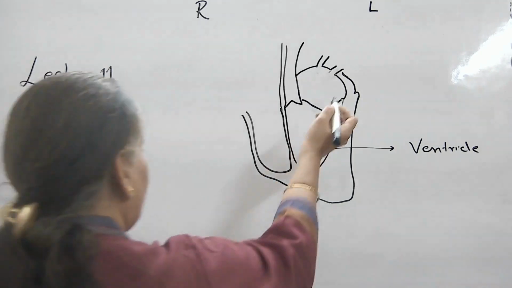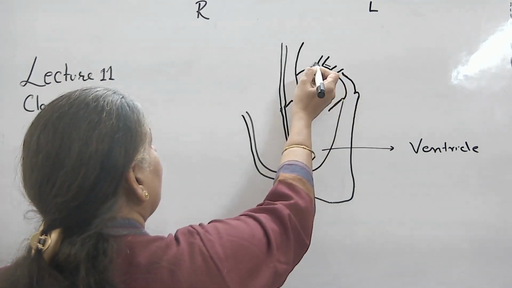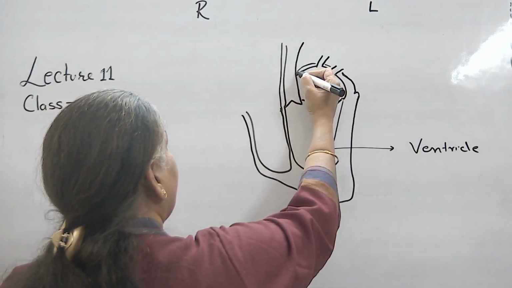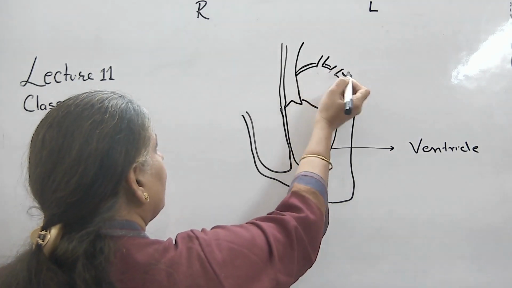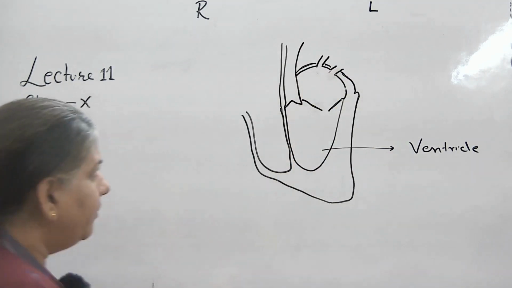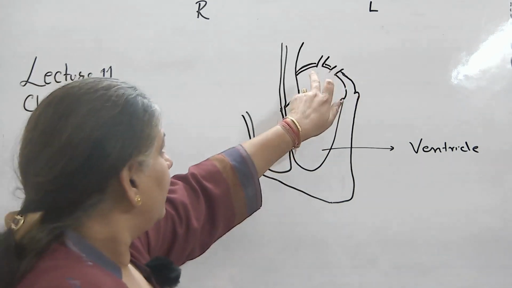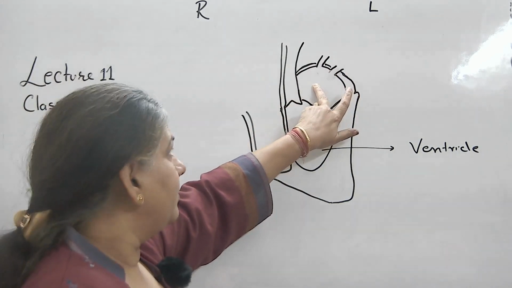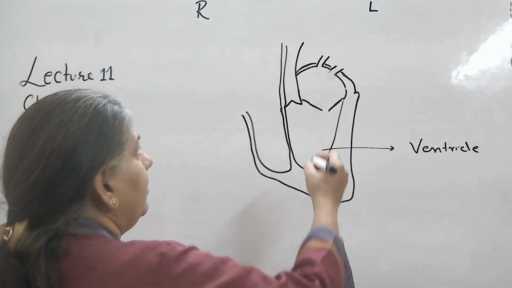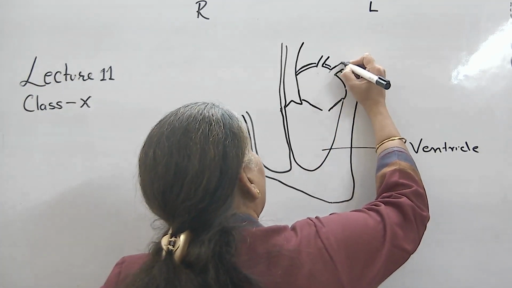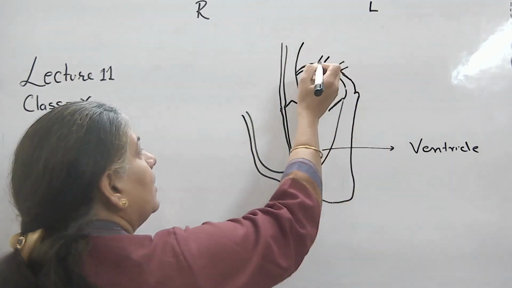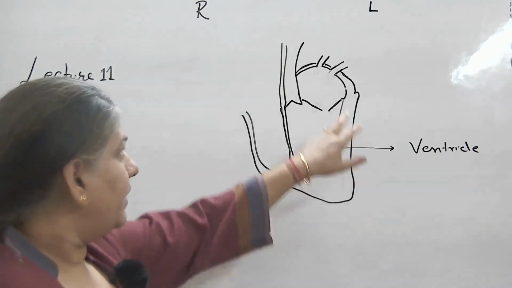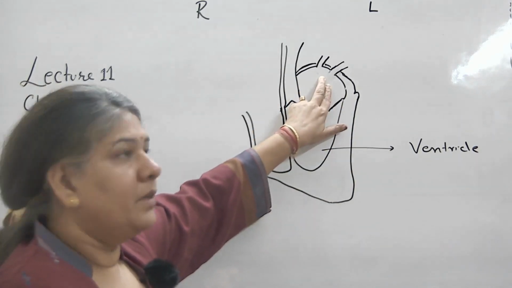This muscular wall will run here also, but it will be comparatively thin here. So here we have the left auricle, and this receives blood from these vessels called the pulmonary veins.